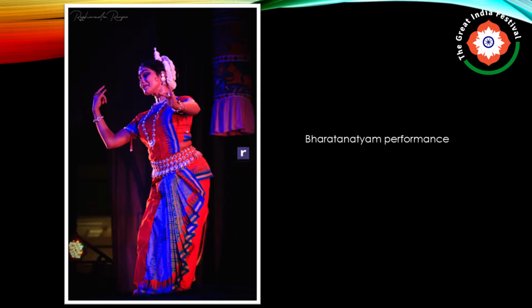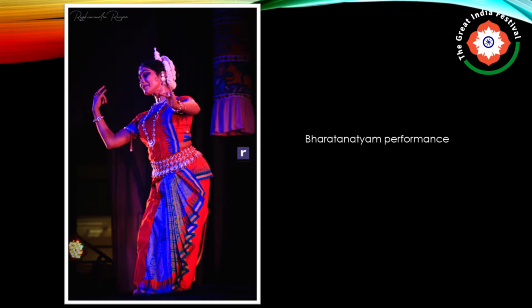At the right moment, you need to click the picture to capture each move in the dance. This is one of them where the performer is performing the Bharatanatyam, and where she stands and the light and the angle does matter to capture the entirety of that specific step in the dance.